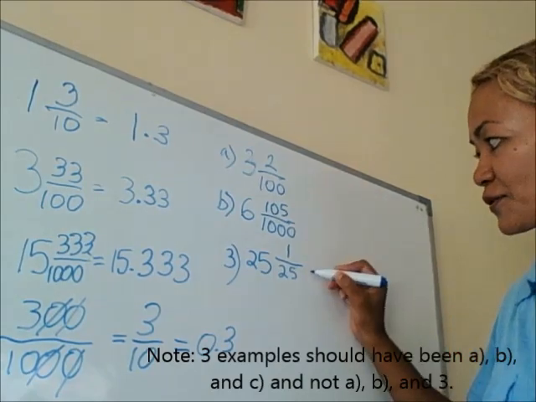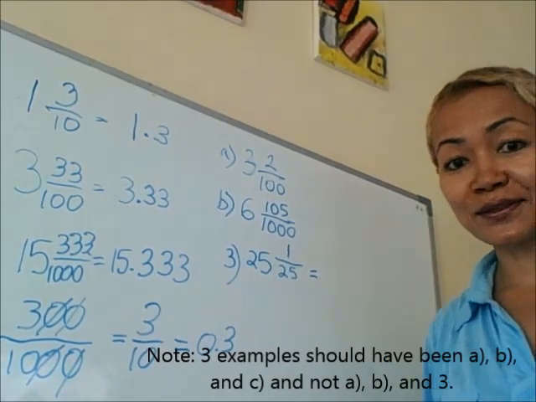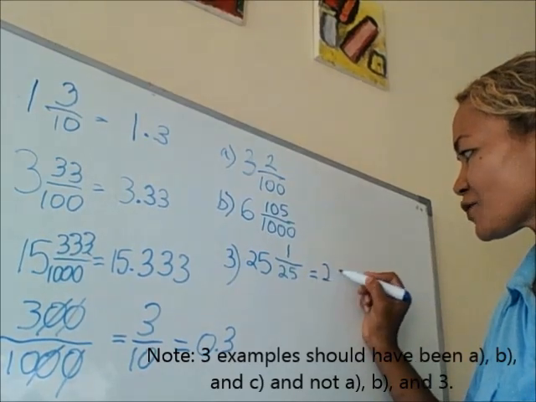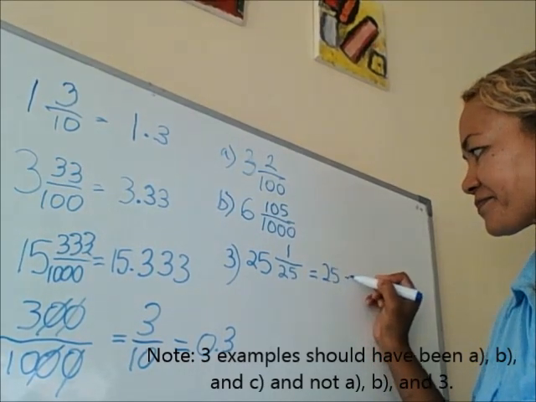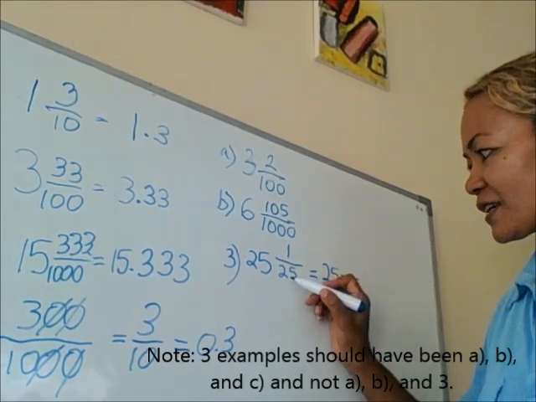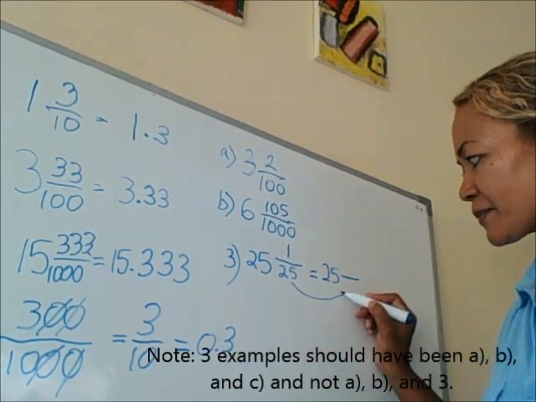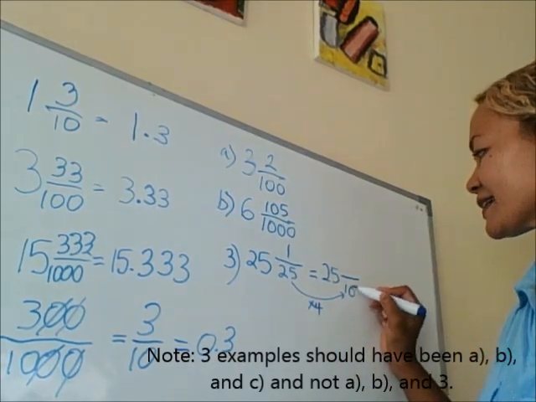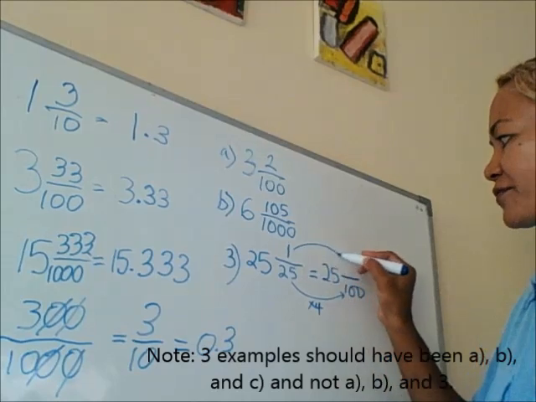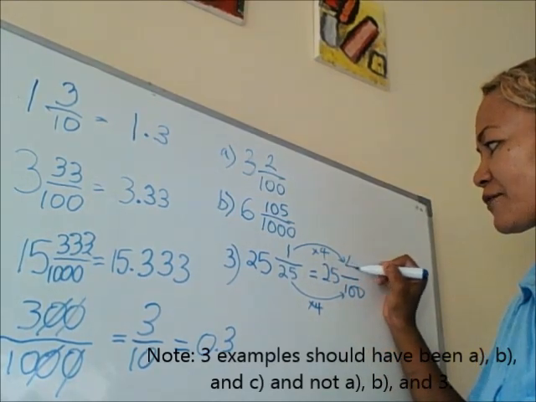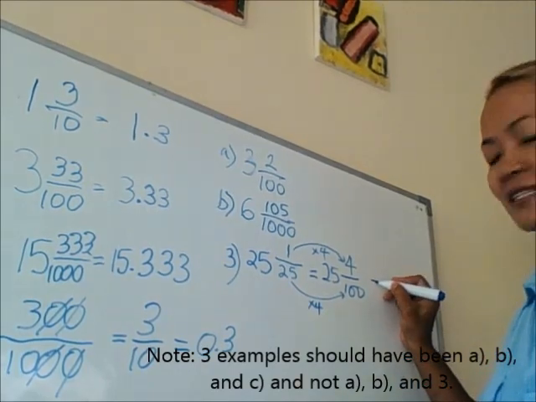Okay, so if we were to go for the third one first, convert 25 and 1 over 25. Here you multiply it by 4, you get 100. The top you have to do the same thing, multiply by 4, you get 4.